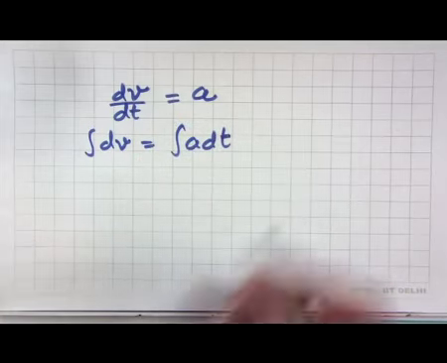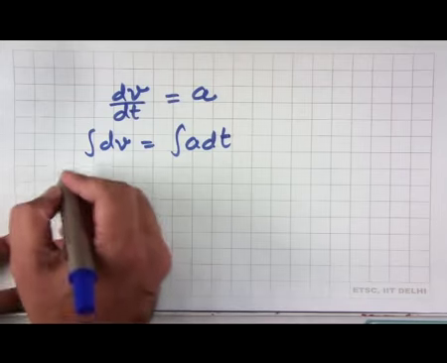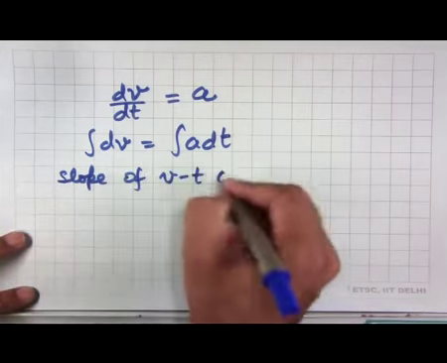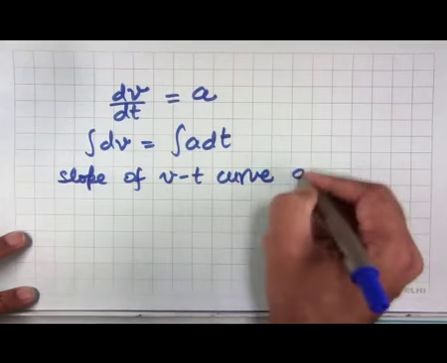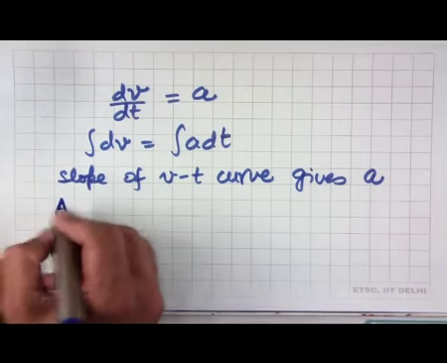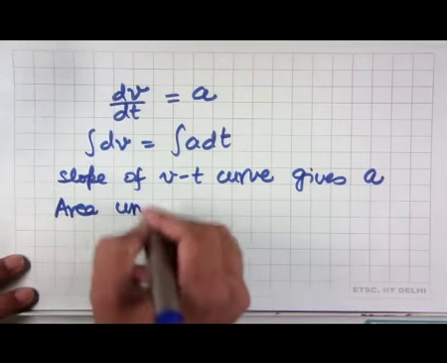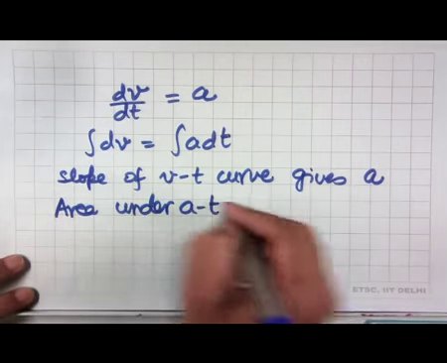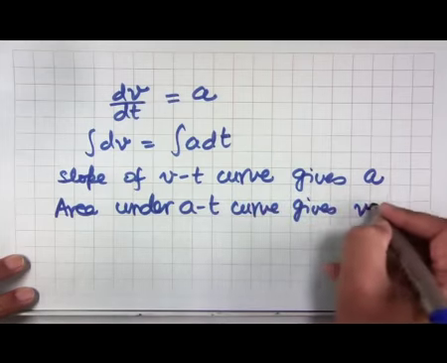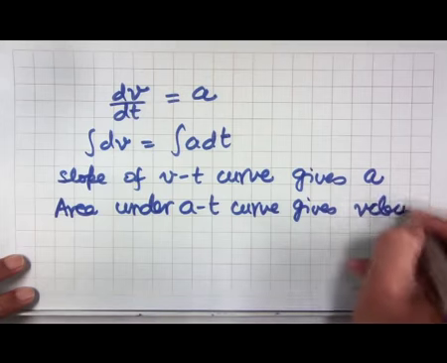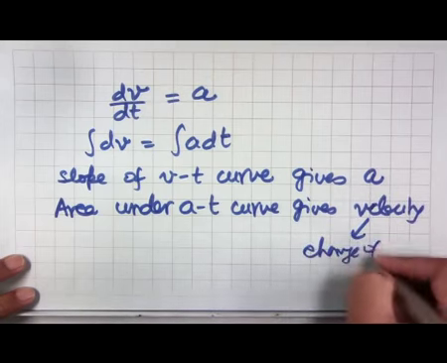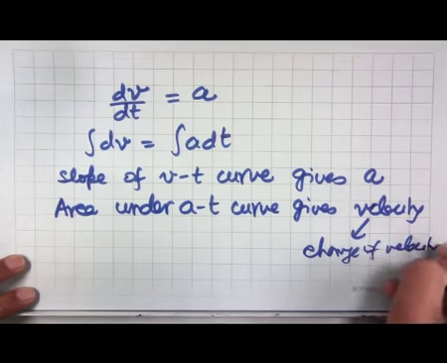So, once again the slope of the vt curve gives acceleration, and the area under the acceleration and time curve gives the velocity, or in this case it will be the change in velocity between the two times.